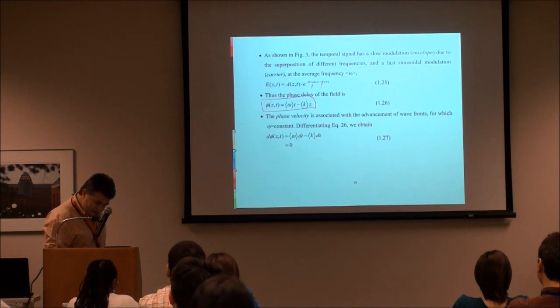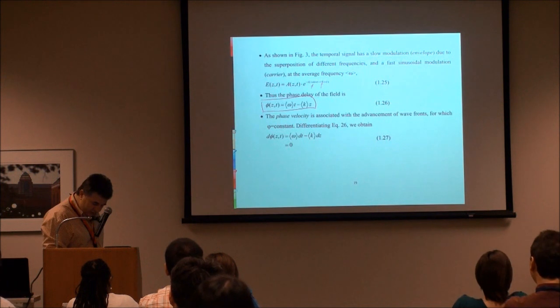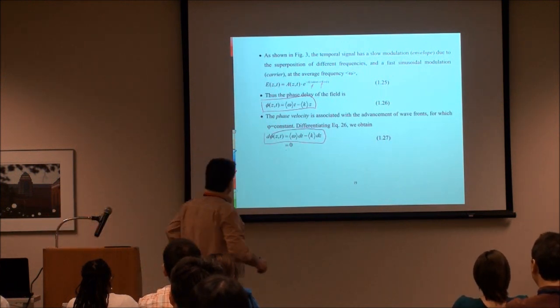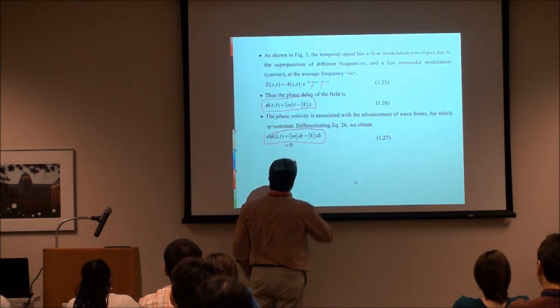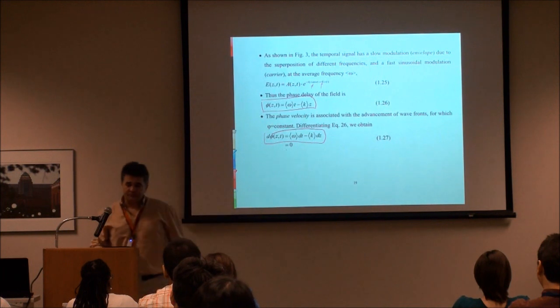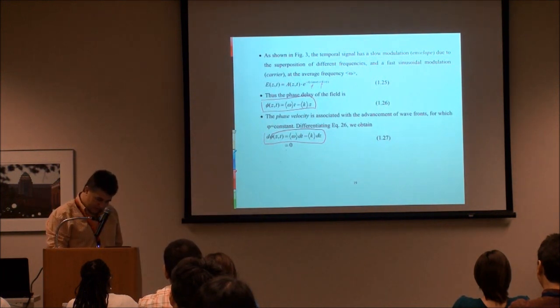So this is the phase in space and time. If I do a differential of this phase and say this is constant, so in other words the differential goes to 0, I can define dz over dt as omega over k. And that is what we call phase velocity.